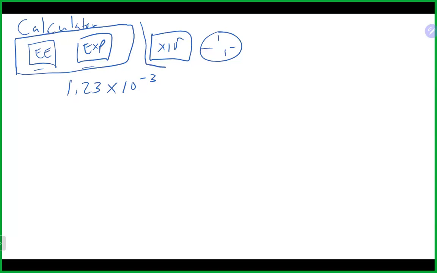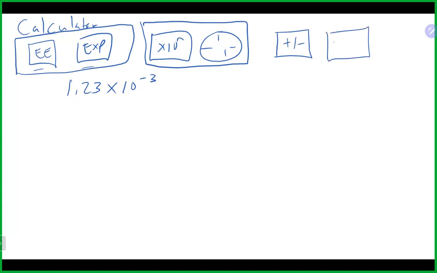Afterwards, I'll talk about the calculator with the times 10 to the n button and what you need to do to punch it in correctly. The other important button you should look at is what I call your negative button or change-the-sign button. On most calculators, there's a plus-or-minus button, or a negative-type button.